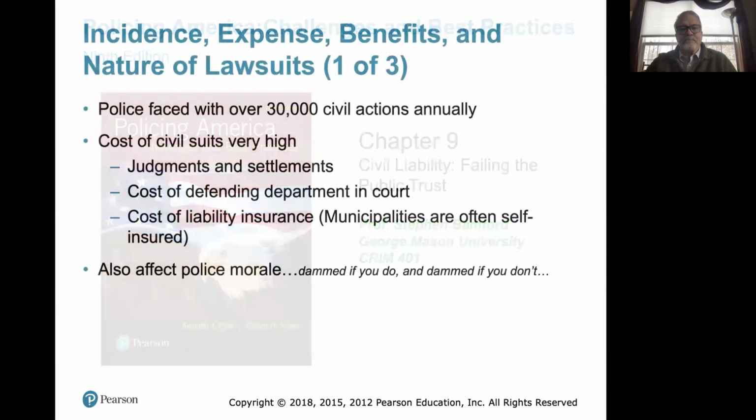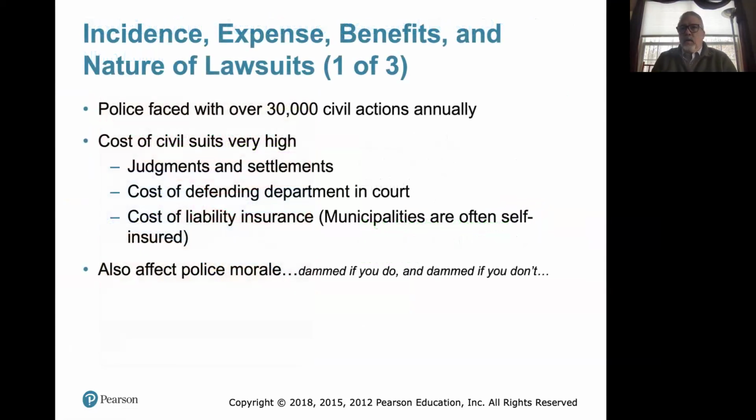So chapter 9, civil liability, failing the public trust. The improper or sometimes even illegal actions of the police are incredibly costly. It's also not entirely clear what the actual incidence of police misconduct is, right?